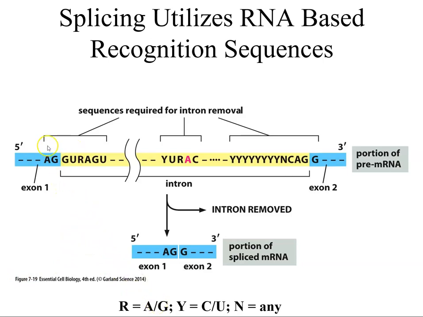So these are the sequences that are recognized to help identify the gaps or the parts that are going to be cut out. So the AGGU, RAGU, you might wonder what R means. It is either an adenine or a guanine, and a Y is a cytosine or a uracil. So these are going to be the sequences that are recognized. So there's one on both ends and then one in the middle actually.